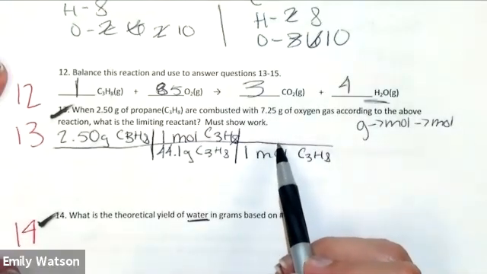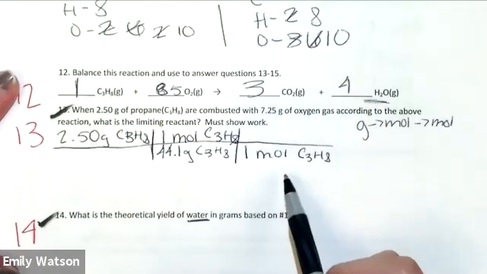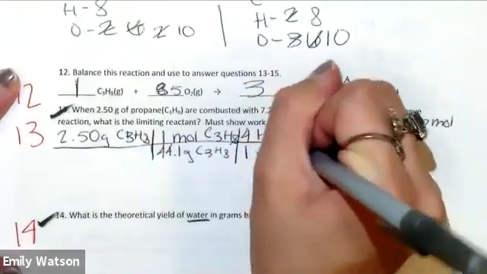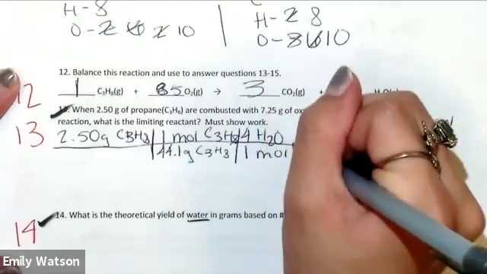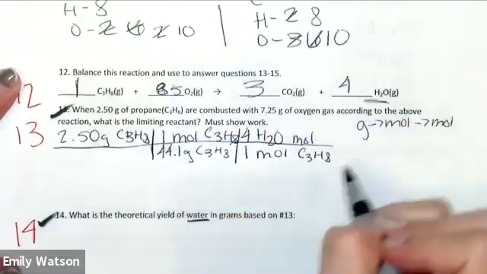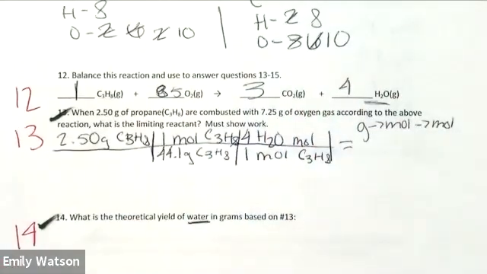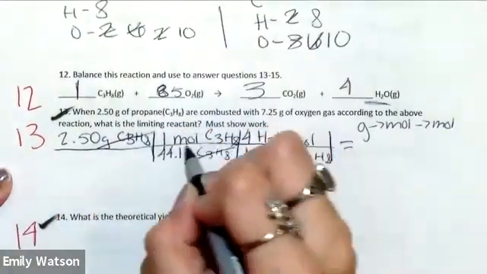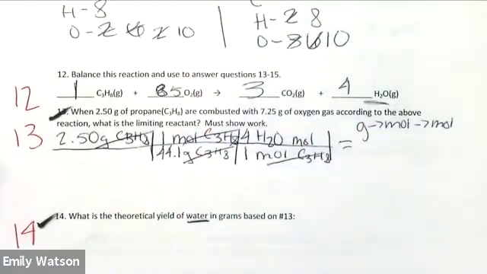So what are we going to go to on top now that we're in the balanced equation? 4 H2O based on our coefficients. Oh, shoot. I meant to put mole there. What's one thing that you absolutely have to remember to do or you're going to get points marked off? Cancel your units. And now we're going to math.